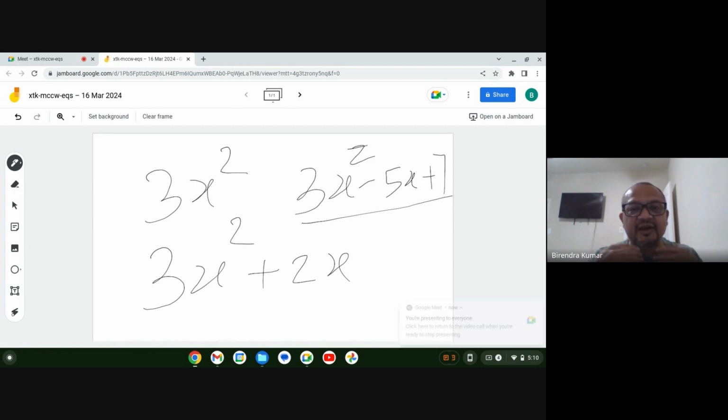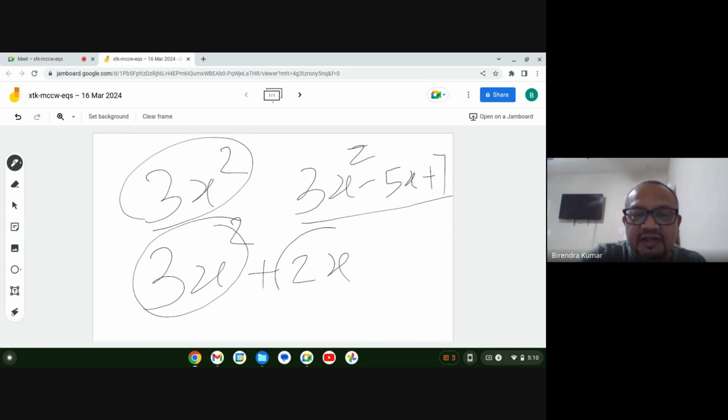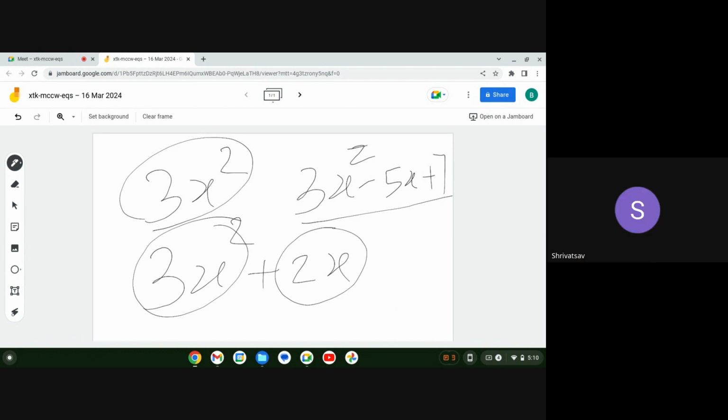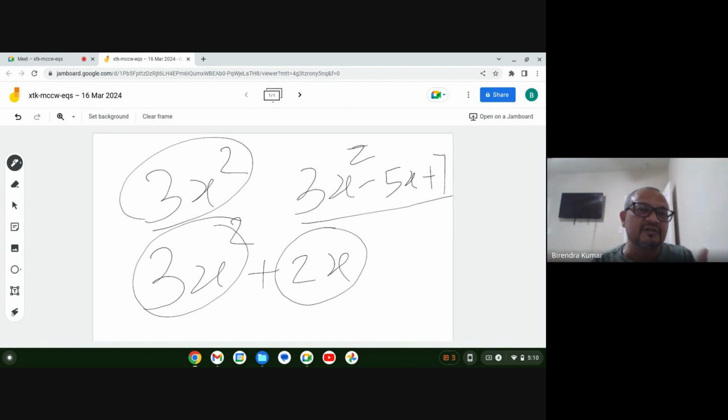And when you have more terms, anything more than one, those are called polynomials. Like we saw while studying geometry, triangle, quadrilateral, pentagon, every shape that has more than one side is called a polygon. So triangle is a polygon, quadrilateral is a polygon, pentagon is a polygon. Likewise, poly stands for many.